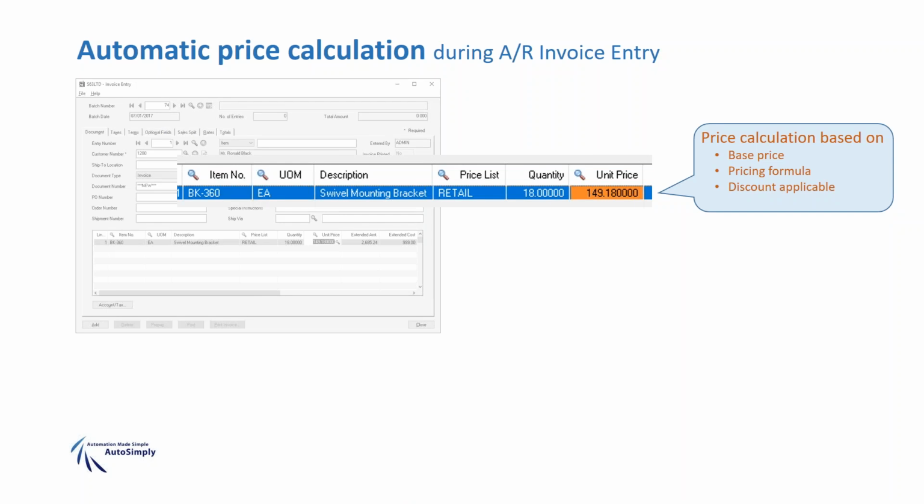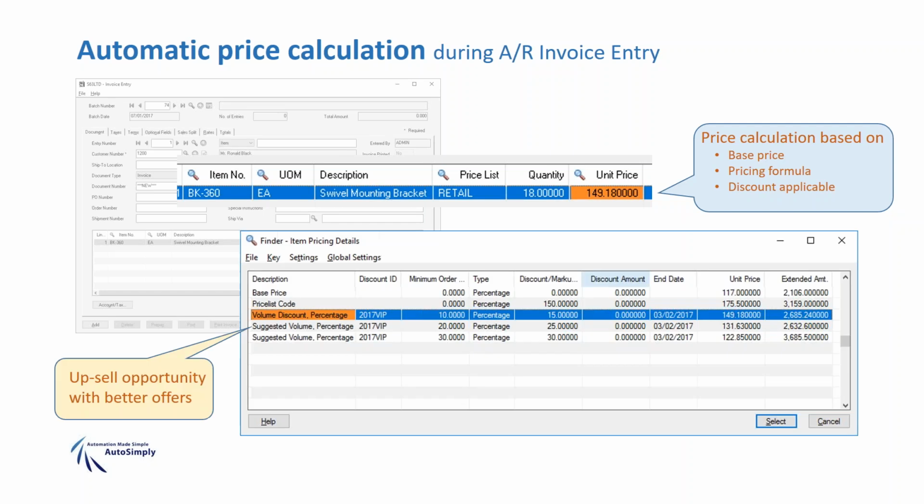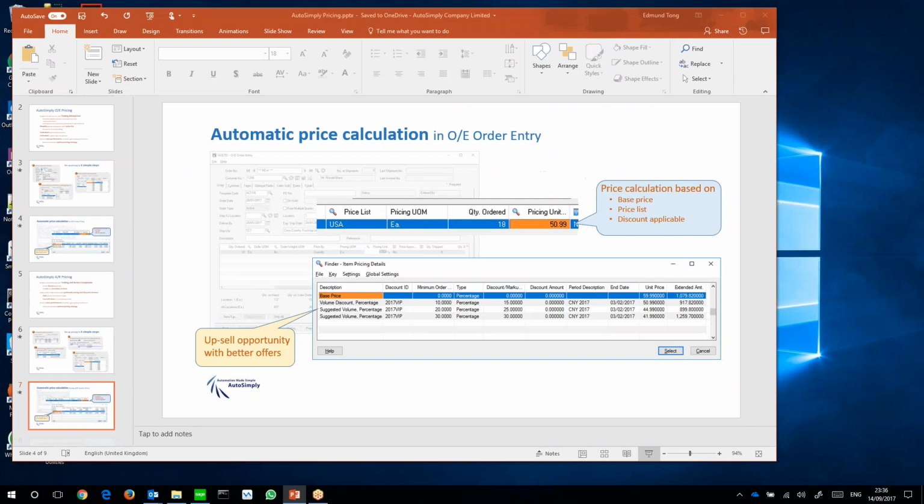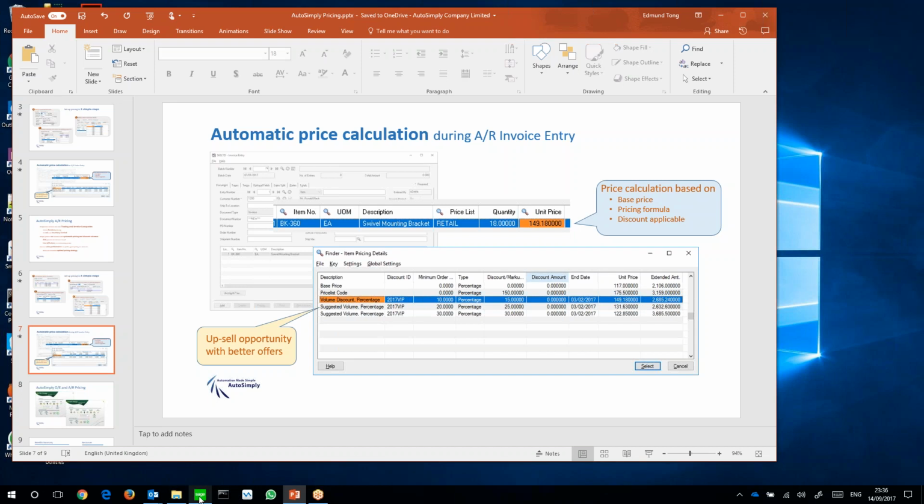And the prices would be automatically calculated based on the quantity and the item. And also we have the upsell suggested pricing functionality inside the AR pricing product. So I'll just show you.